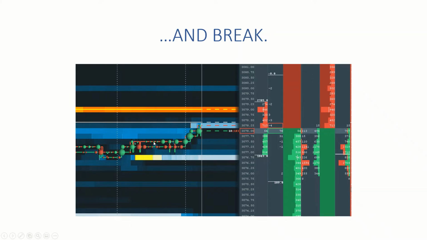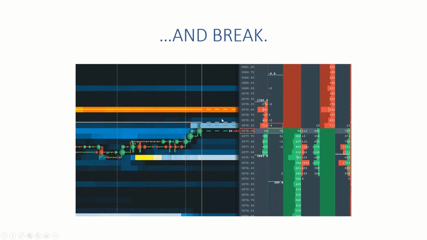That's when you start to realize that when you get this type of setup, the liquidity is going to get taken. It's a high probability play. It doesn't happen every single time, but most of the time it does.